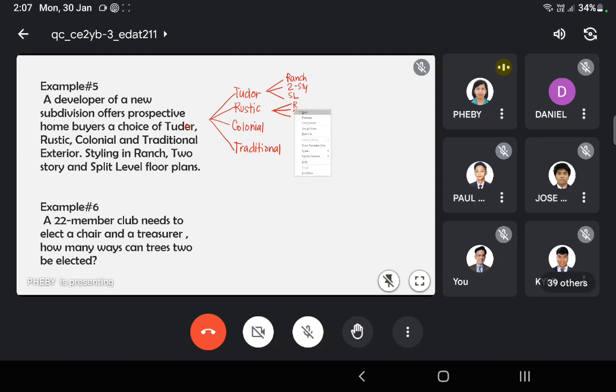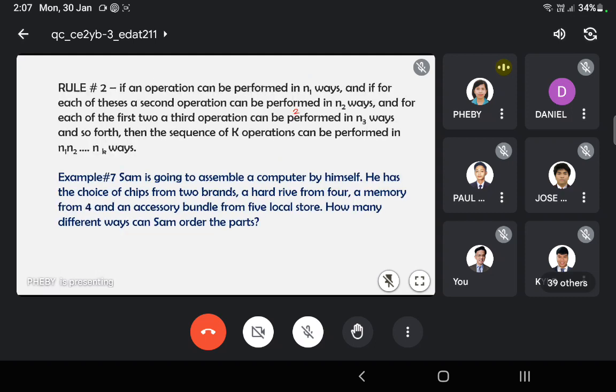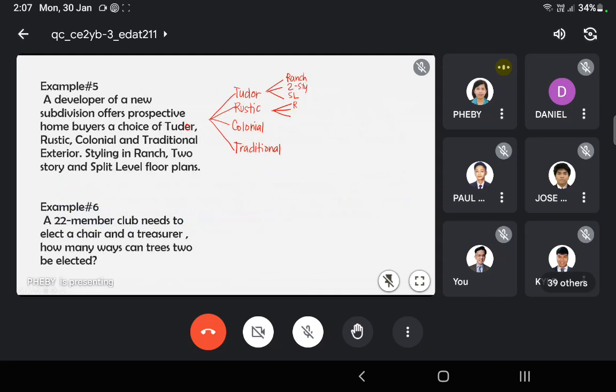So ranch, two-story, and split level. Kung colonial naman, pwede rin siyang ranch, two-story, and again, split level. For traditional, or ranch, two-story, and split level as well.